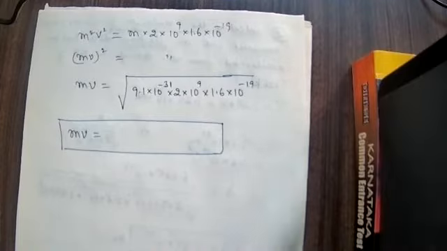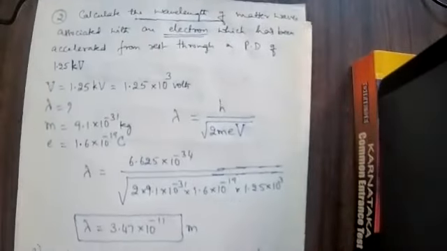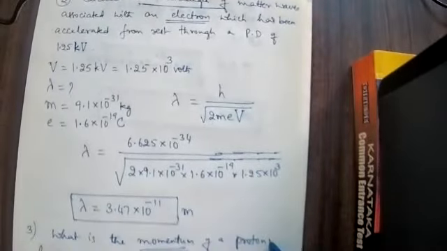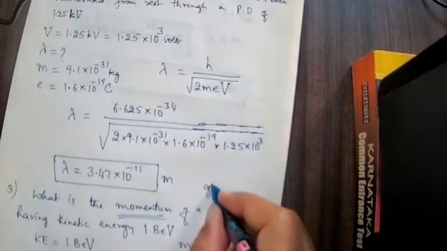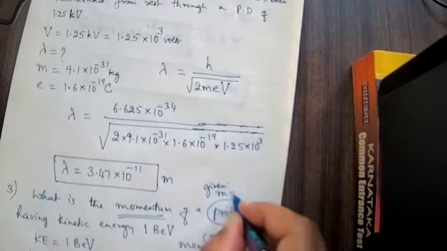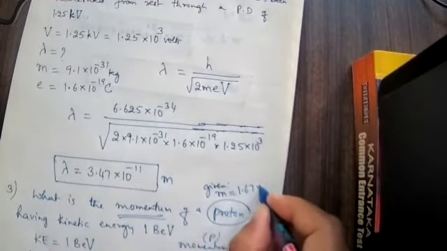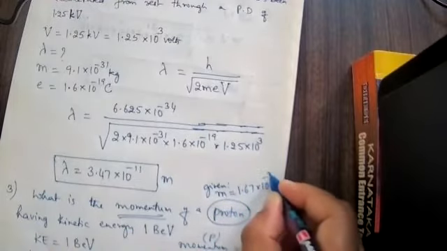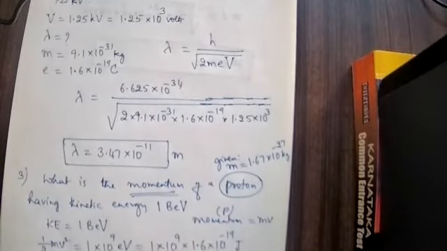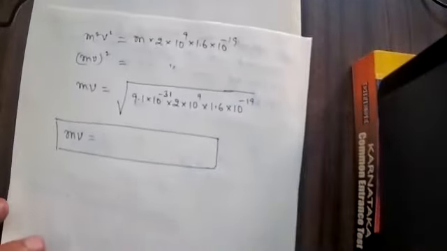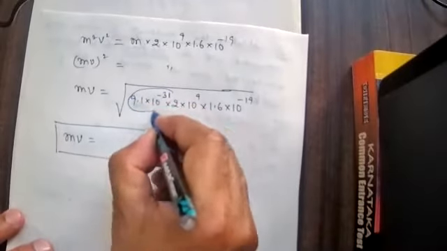It is a proton. Wait a minute. Very good, thank you. It is a proton, then the proton mass must be given. Given, mass of the proton is 1.67, 10 to the power minus 27 kg. Therefore, the mass of the electron, whatever we have chosen, is to be changed. Mass of the electron is given here.